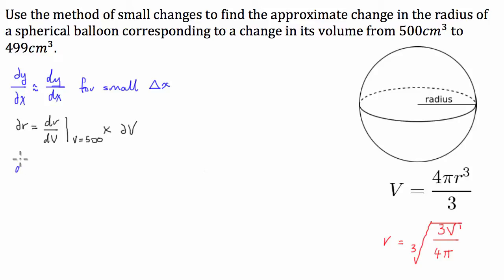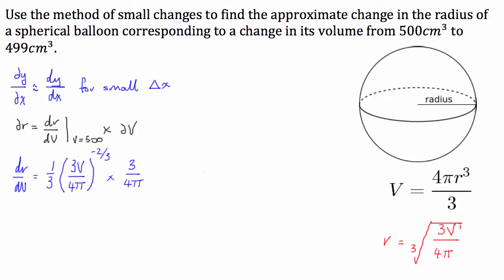So dr/dv, if we take that to a third and multiply it down, is 1/3 times the big bracket 3v over 4 pi to the power of, we lower 1/3 by a whole, so negative 2/3, multiplied by the derivative of the inside function. So that's multiplied by 3 divided by 4 pi.